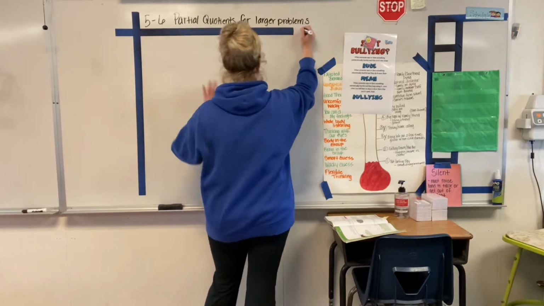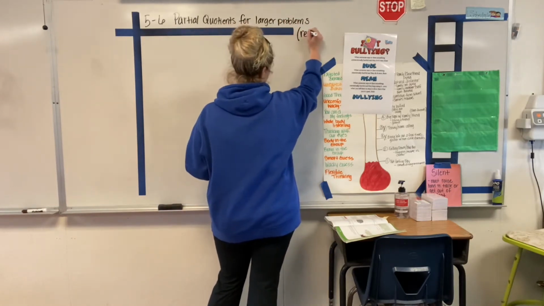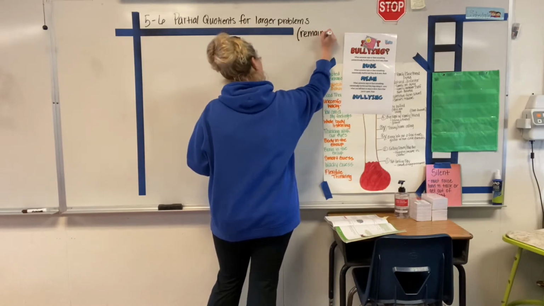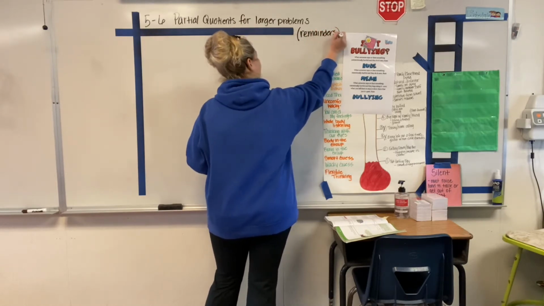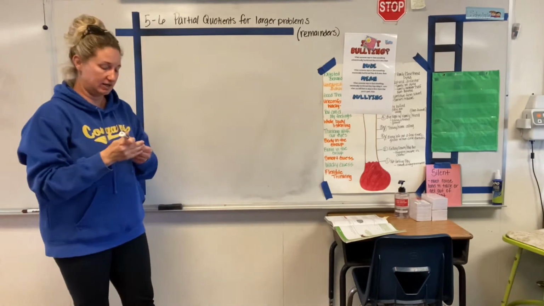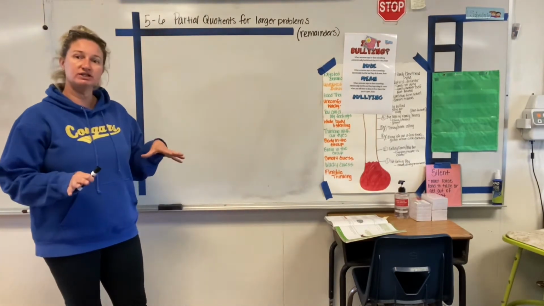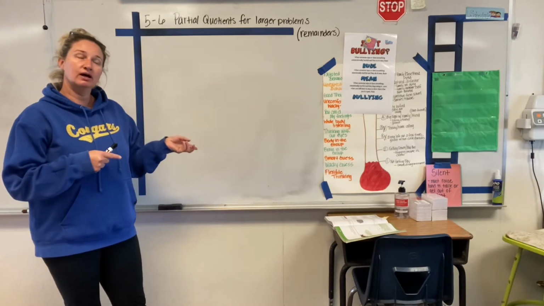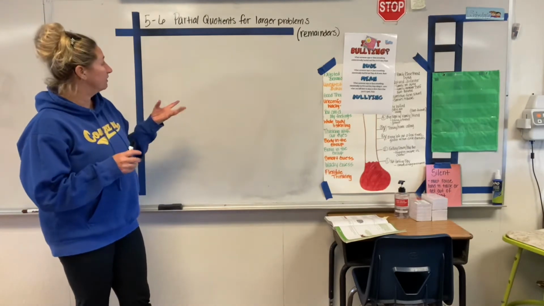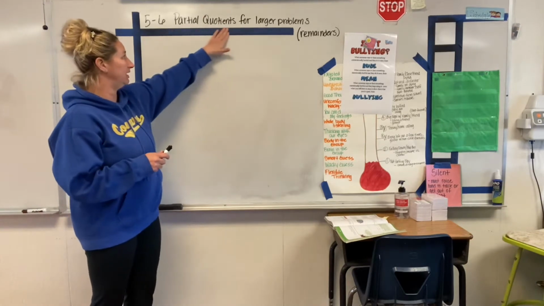These problems that we're going to do today have remainders. They have a part that's left over that you can't divide evenly, okay? But we're going to use the same strategies that we used in 5-5 with the partial quotients.